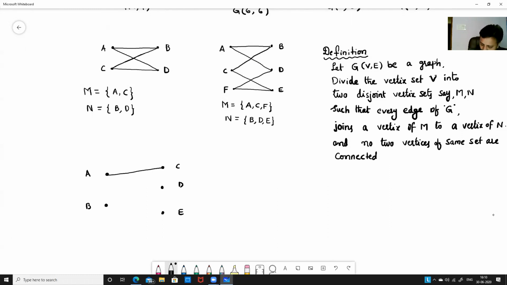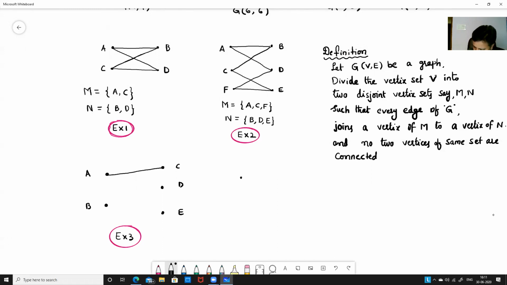Next, another example. The first one is example number 1, which is example number 2. Now you can call it example number 3, which is also a bipartite graph. Now I can take one more example.